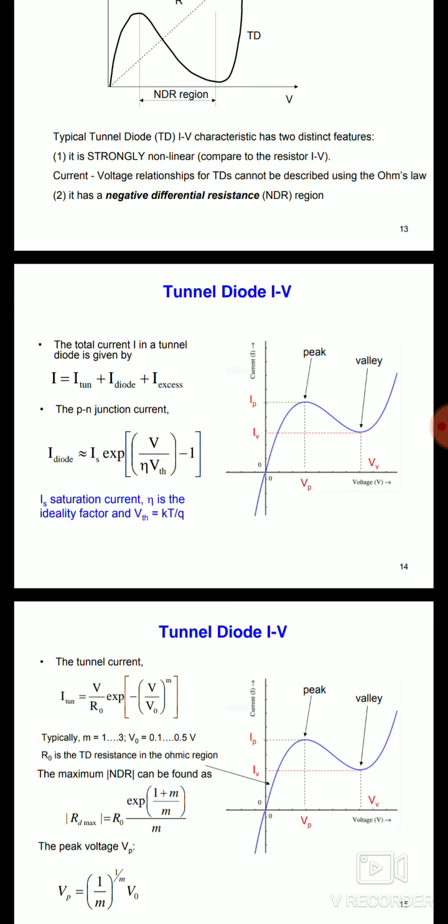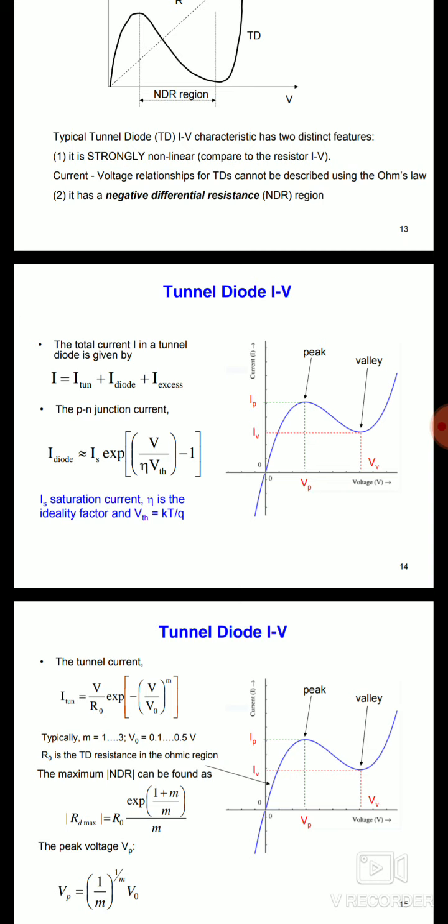Due to the forward biasing, because of heavy doping, conduction happens in the diode, and the maximum current that the diode reaches is IP, at the applied voltage VP. The current decreases when more voltage is applied to the tunnel diode, and it keeps decreasing until it reaches a minimum value, denoted by the letter IV.